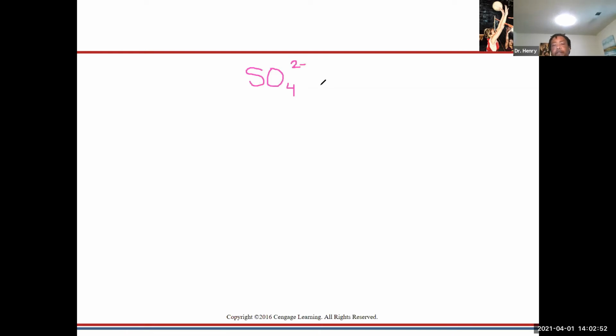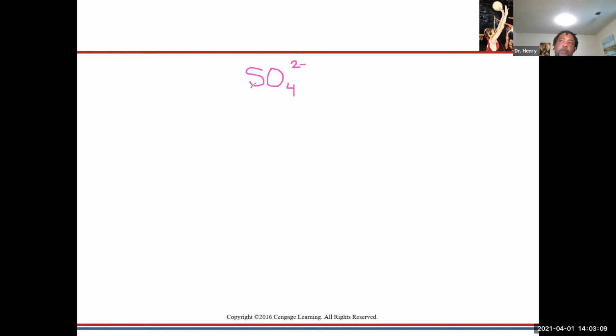Okay, so this is called a polyatomic ion. Poly meaning many, or multiple, and then atomic, atoms, ion. So it's many atoms that make up this ion.